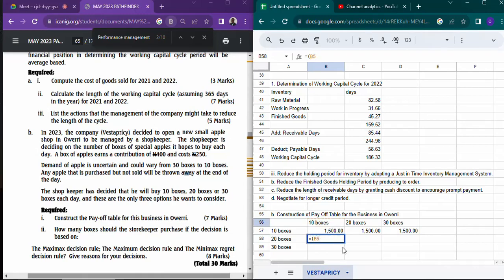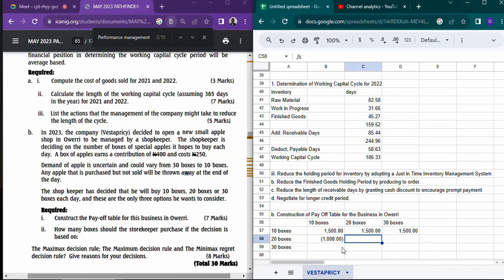Do you understand? So he can only sell 400 times 10, right? But he has bought 20 boxes. So what he bought is 250 times 20.